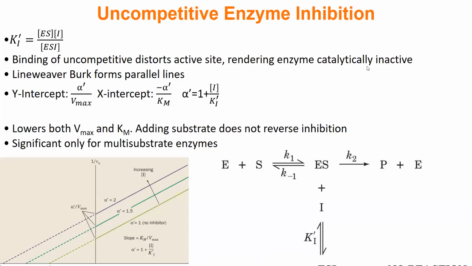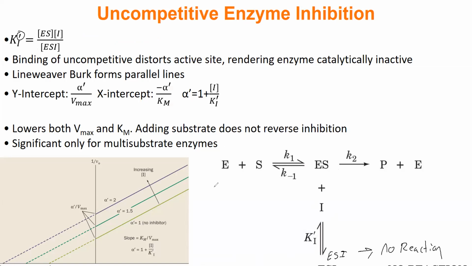And that brings us to our next inhibitor type, and I'm just going to write down what it says down here. That is uncompetitive. Our inhibition constant here is Ki prime. What an uncompetitive inhibitor does is that it binds to the enzyme substrate complex.